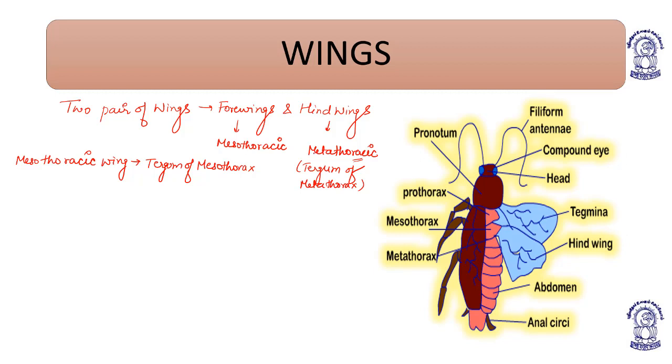The wings are membranous outgrowth. And they are supported by a network of tubules.